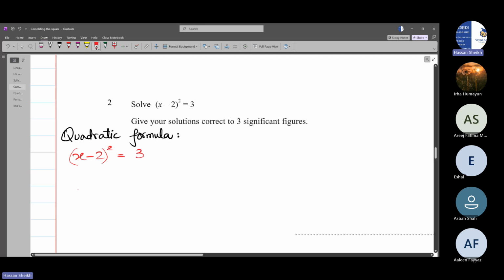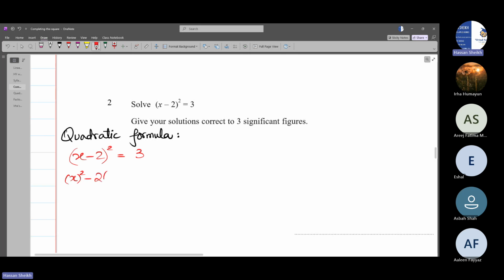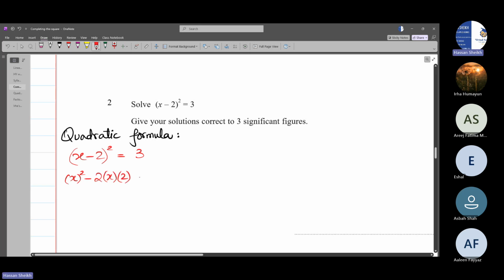It is not written in the standard form, so let me expand this bracket. a minus b whole square is a square minus 2ab plus b square. Agree? And then this 3 moves to the other side. It becomes x square minus 4x plus 1 equals 0.